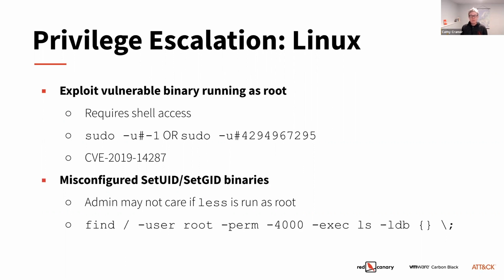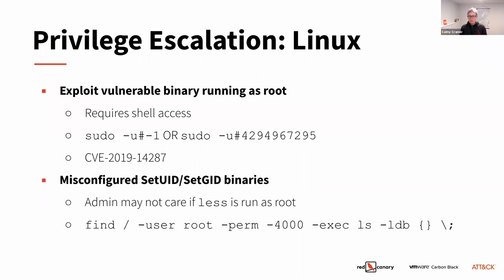One thing that's been publicized recently is a CVE that was released with specific command line options that allowed someone who had restricted sudo access to use sudo for any command. Basically, it's in older versions of sudo.